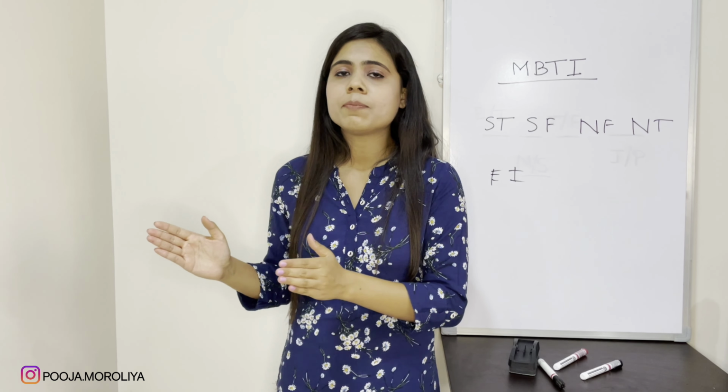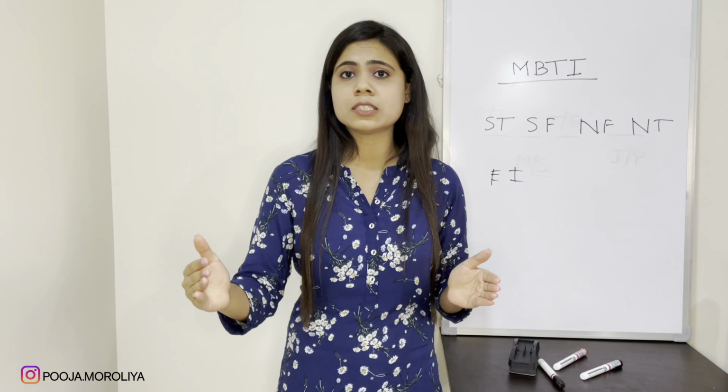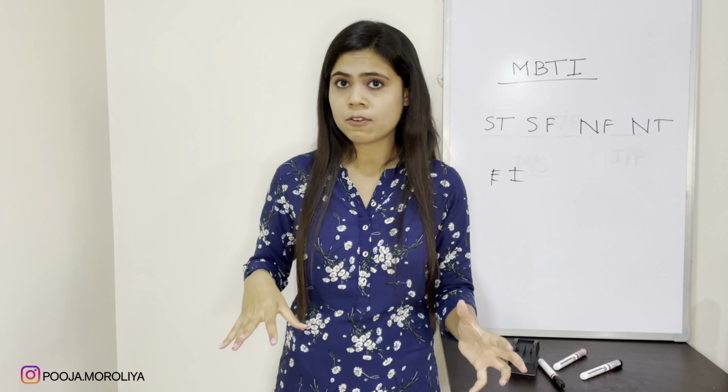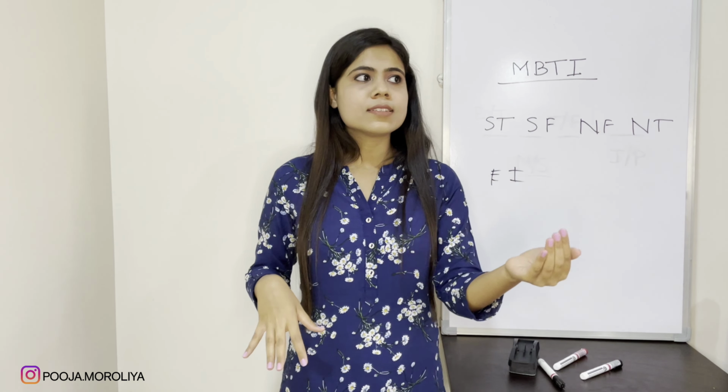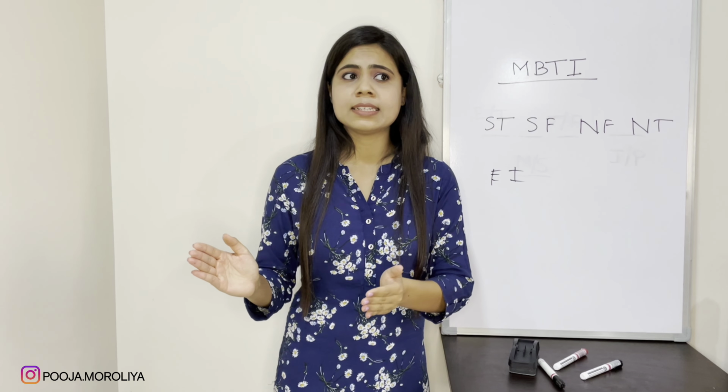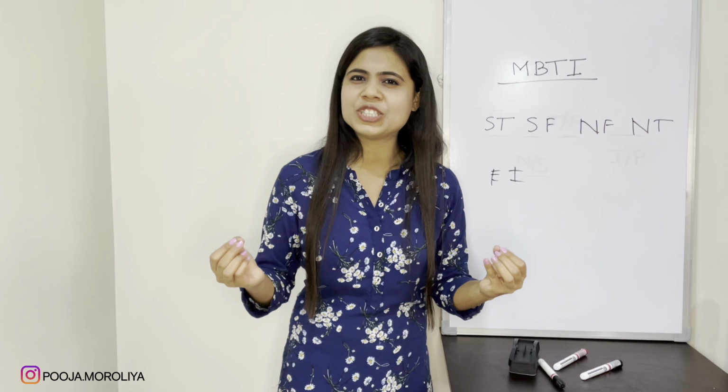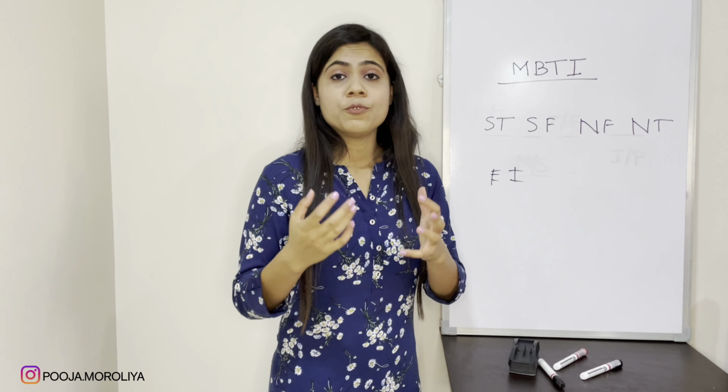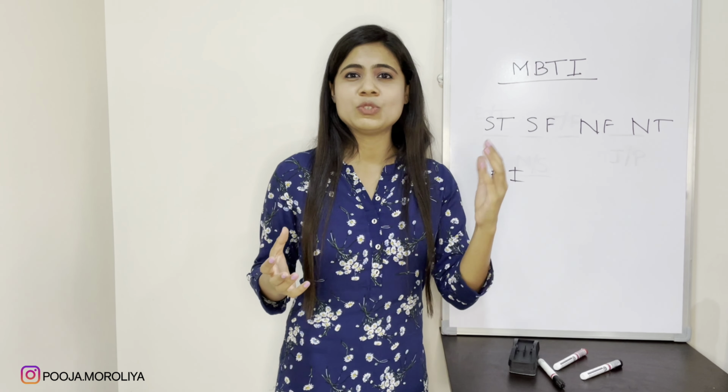Judges or J type, in contrast, prefer to make conclusions and make decisions based on the information that they have, rather than responding to certain new information that is coming, which might change their decision. So J type are more organized than P type, and they can come across as very rigid to P types. Whereas P types can come across as very indecisive to J type people.